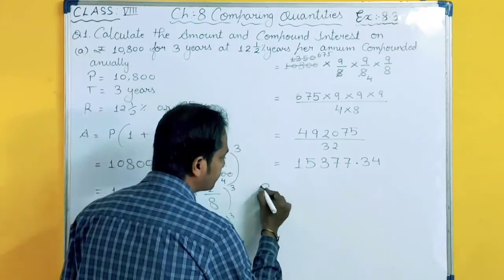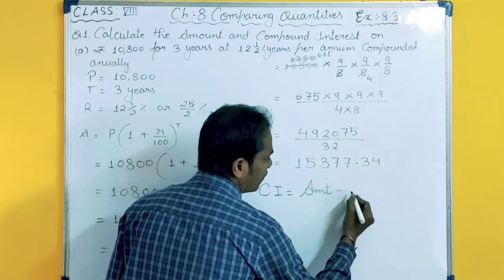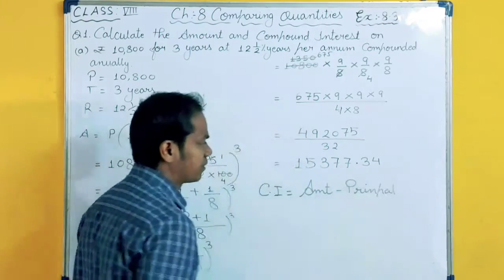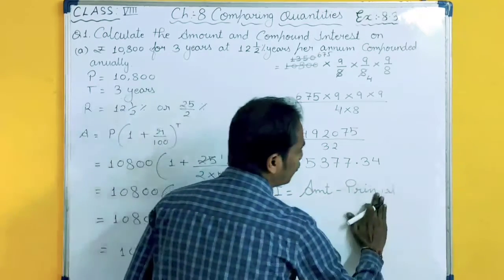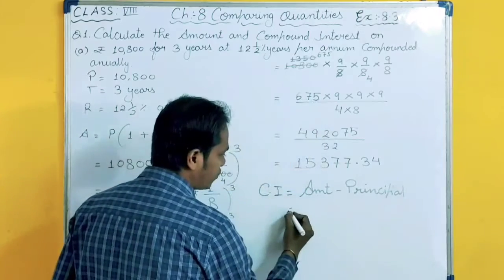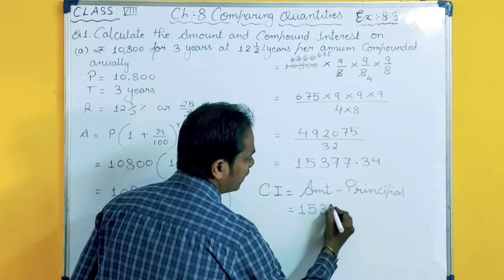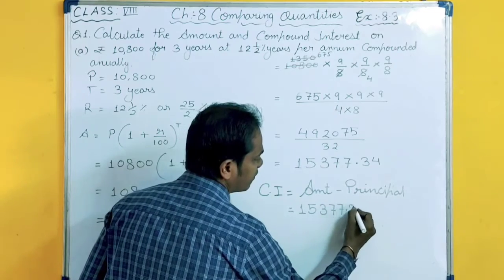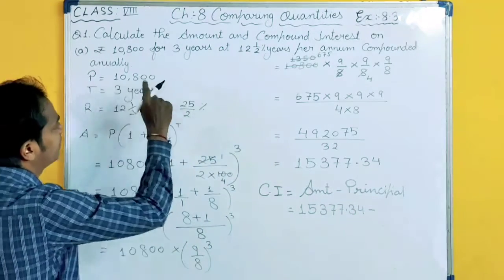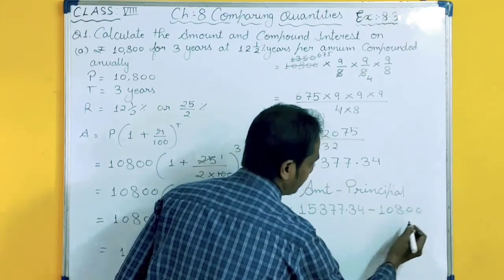Finally, we will find the compound interest. What is the formula to find compound interest? Amount minus principal. So what is your amount? Your amount is 15,377.34, minus what is your principal? 10,800.